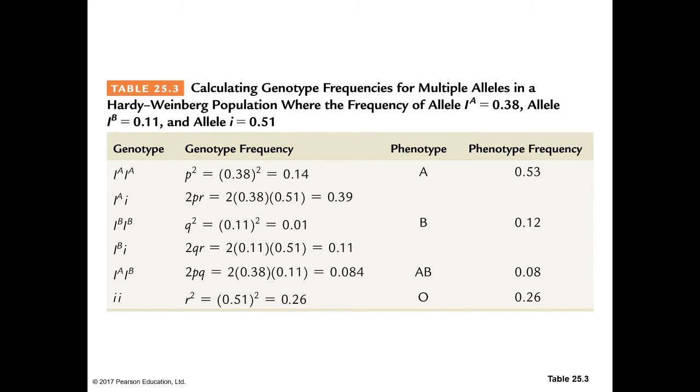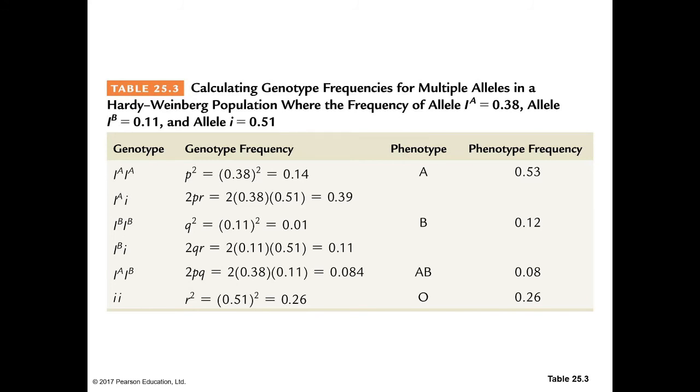Okay, and so from there you can find 2PR. So 2 times 0.38 times 0.51. Then Q, 0.11 squared. Q is BB, and 2QR is 2 times 0.11 times 0.51, you get 0.11.